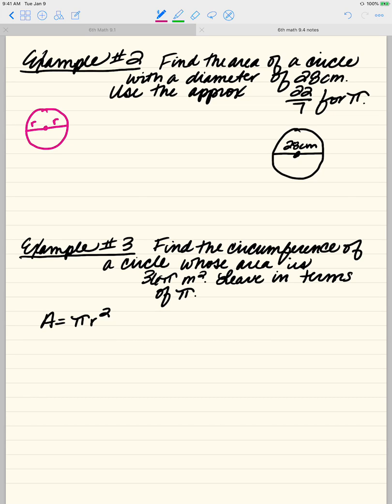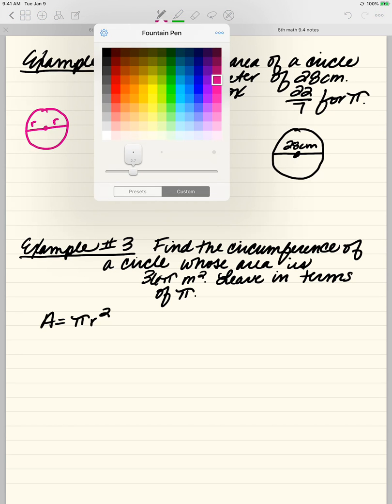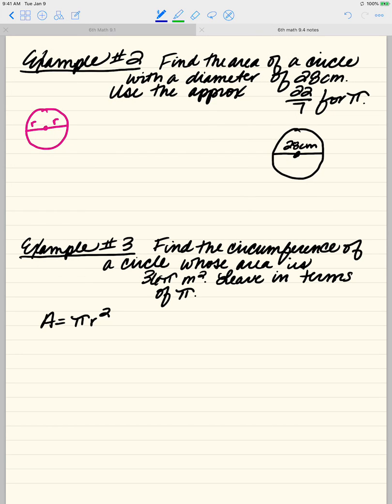What's the definition of a diameter? A diameter is a chord that goes all the way from one side of a circle to another through the center. Where did I just draw that chord through? I drew it directly through my 2 radii.